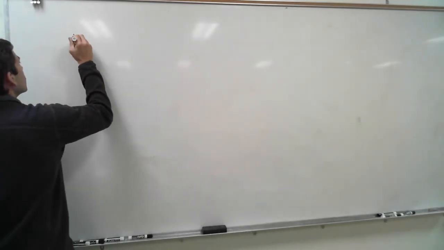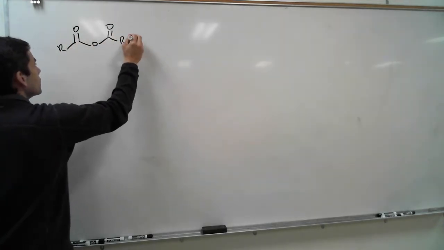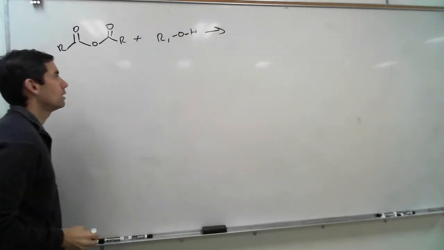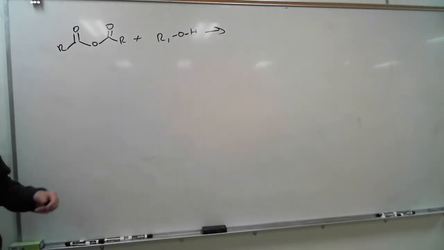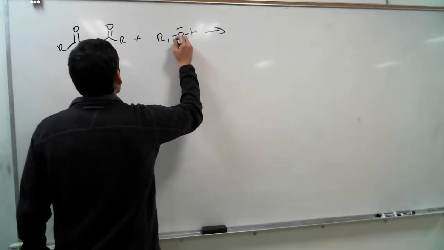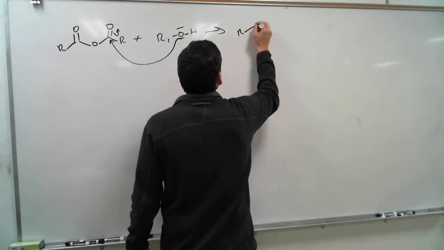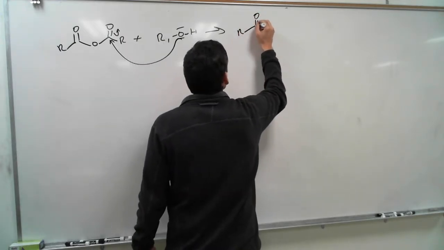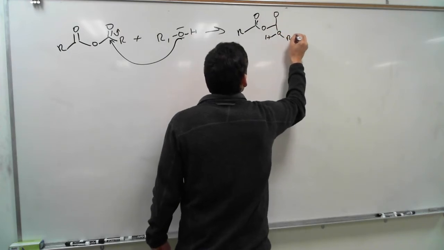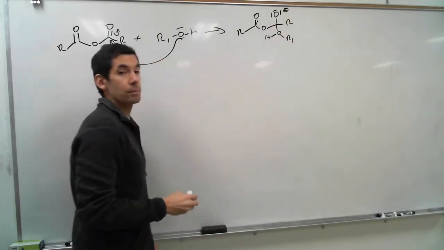All right, so I'm going to take my acid anhydride and react it with our alcohol. I already guessed kind of what's going to happen. Follow the same trend we saw for acid chlorides. We're going to see attack there. Electrons go up. And we get to this form here, right?